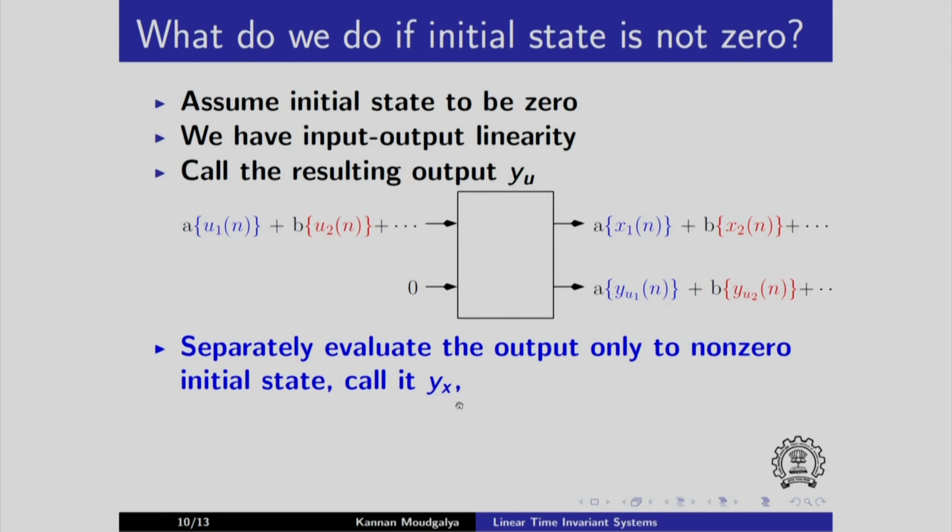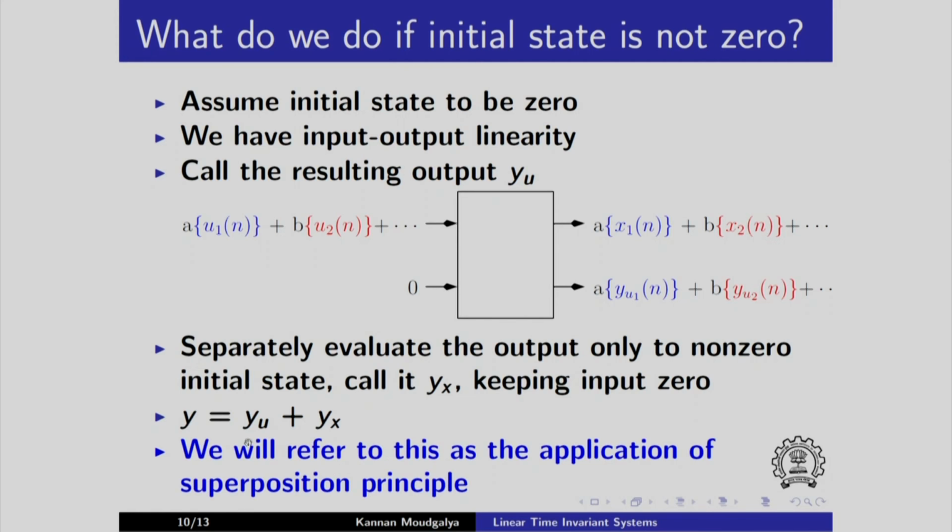Now if you want to know the effect of these two together, then you add them, y equals y sub u plus y sub x. Remember, when you measure y sub x, you have to keep the input to be 0, that is the meaning of y sub x. It is the output only due to the non-zero initial state. We will refer to this as the application of the superposition principle.